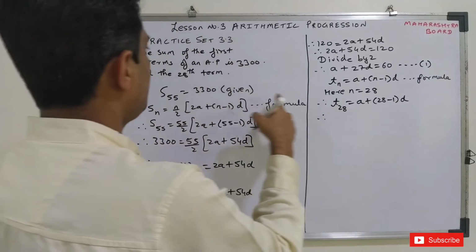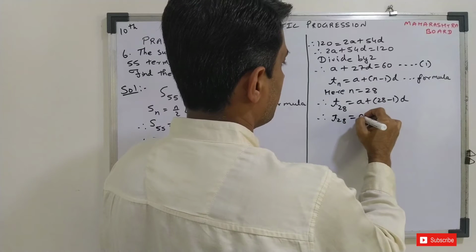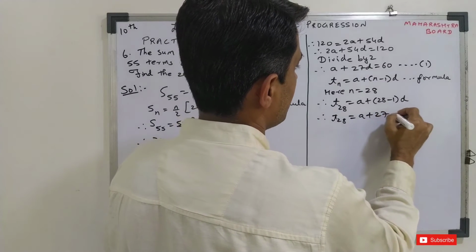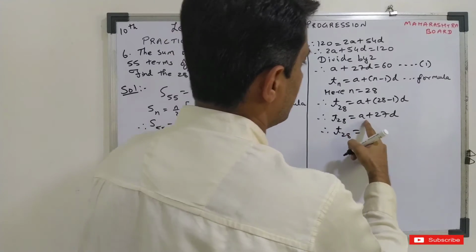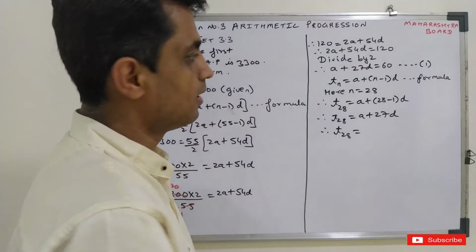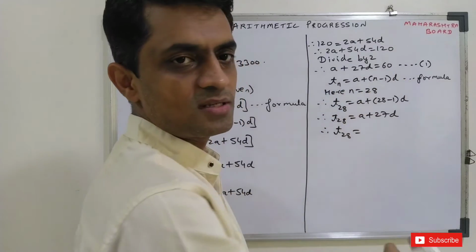Now what is T28? We don't know. a plus 27d. So T28 is equal to a plus 27d, which we already know. a plus 27d is how much? 60.